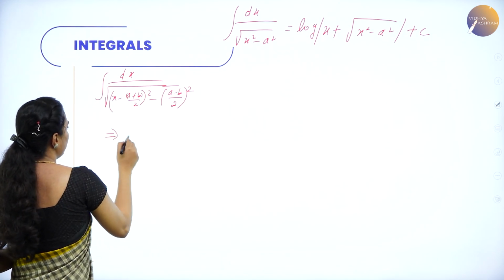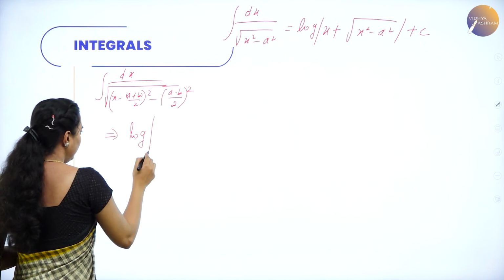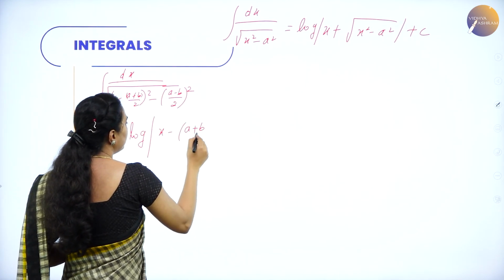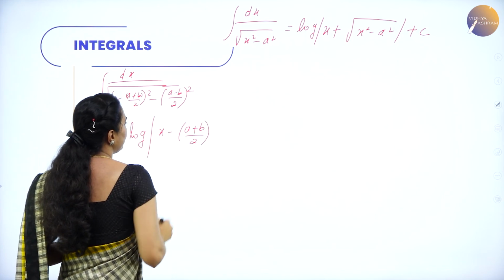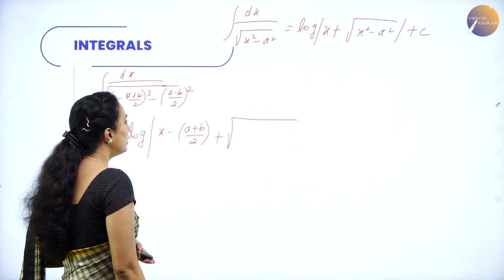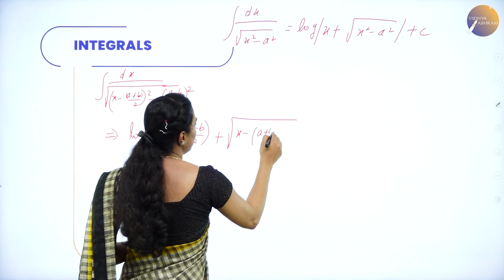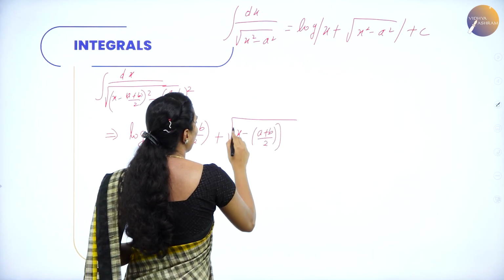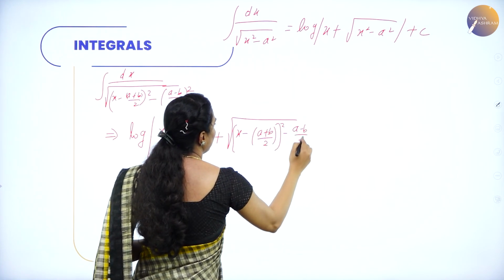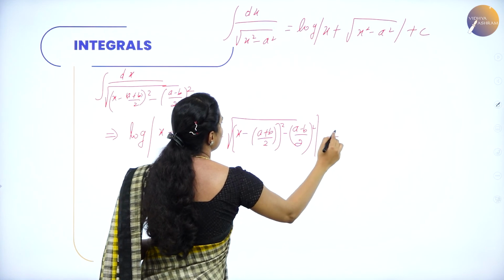Which implies log of modulus of x minus (a plus b) divided by 2 plus under the square root of x minus (a plus b) divided by 2 whole squared minus (a minus b) divided by 2 whole squared, plus c.